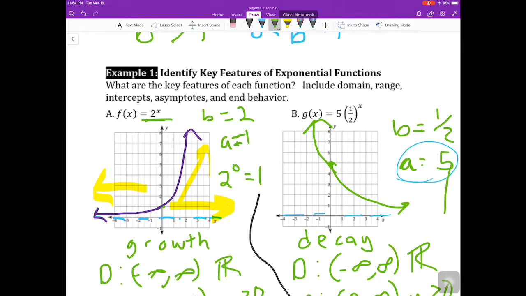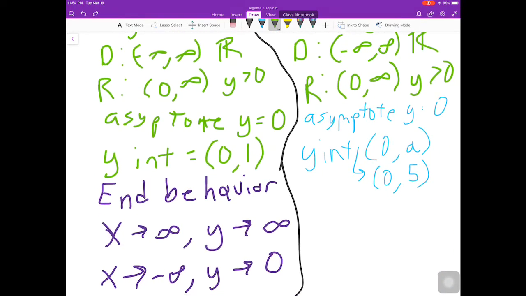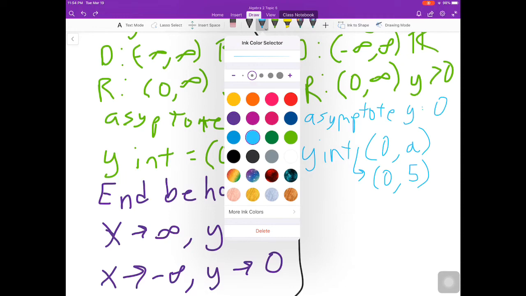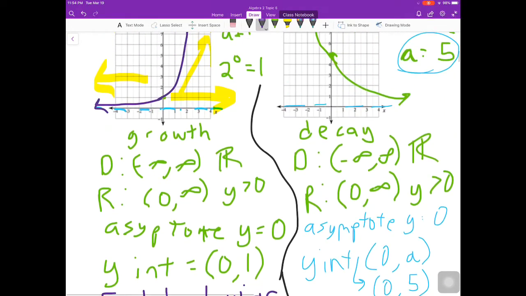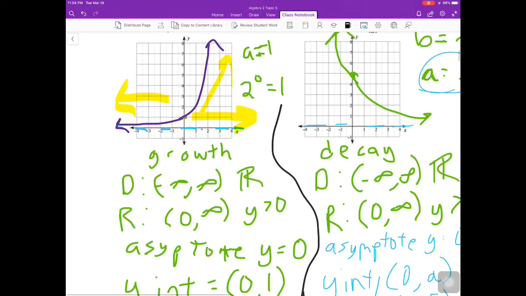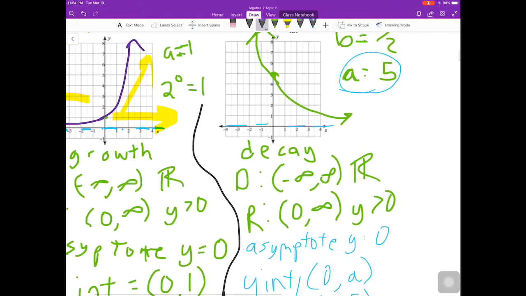So if we're looking at our end behavior, which is our last thing we're going to write about here, as x goes to infinity, so as we move to the right, our y is also going to 0.